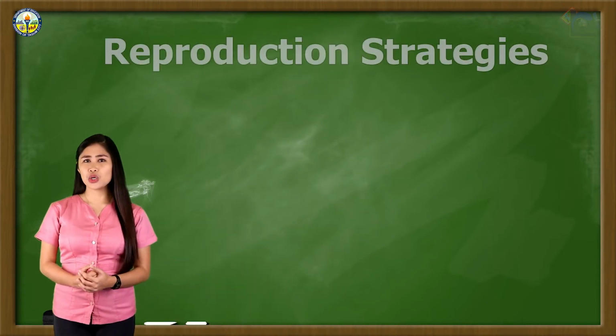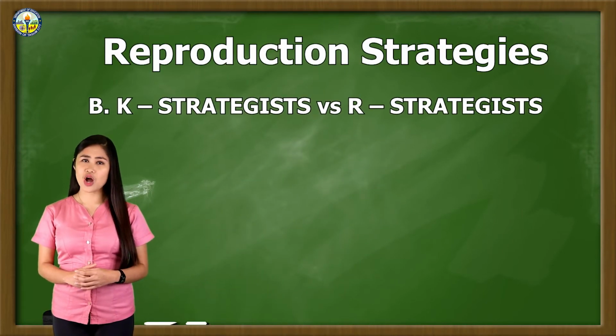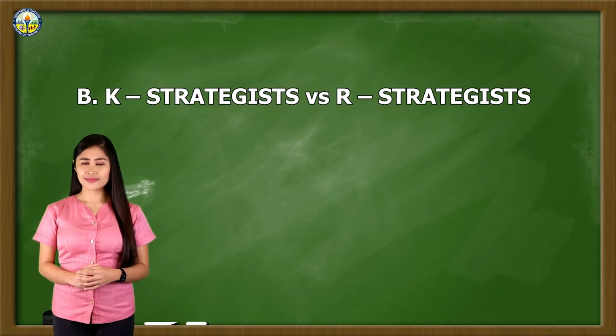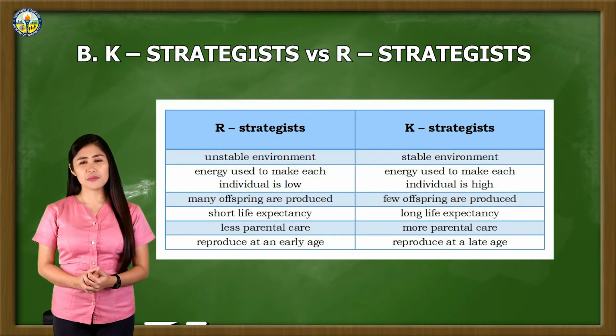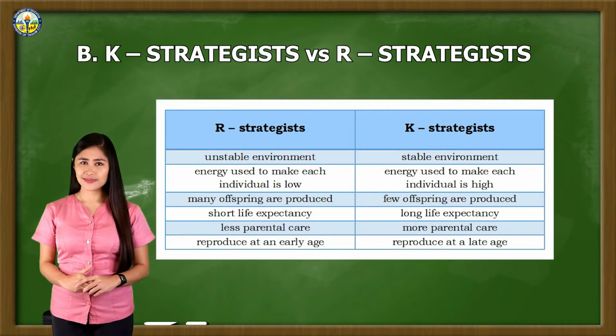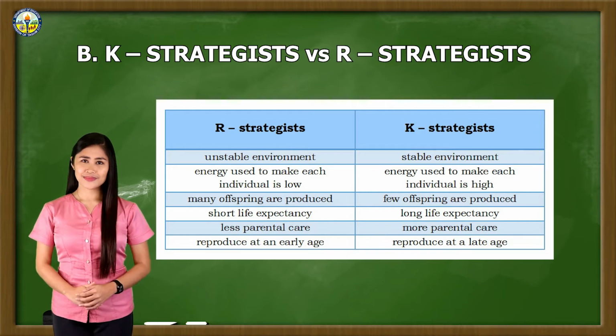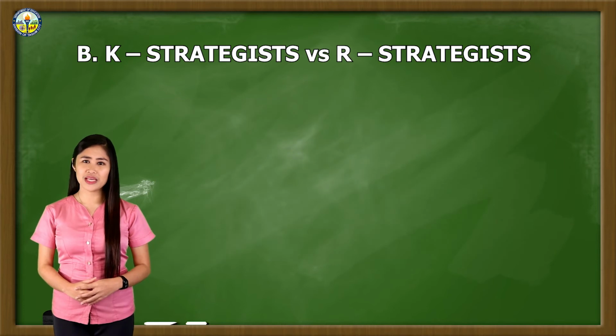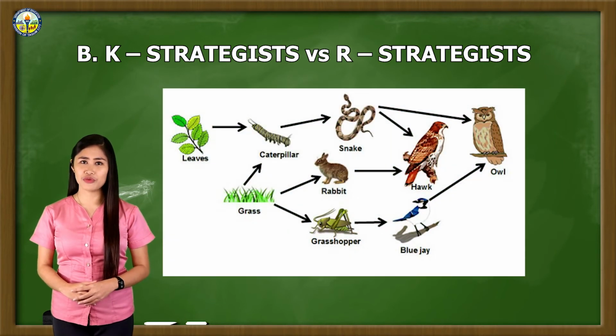Let us say hello to K strategists versus r strategists. I have prepared a table for you to address your confusions. Based on their characteristics, how would you label the organisms in the food web?